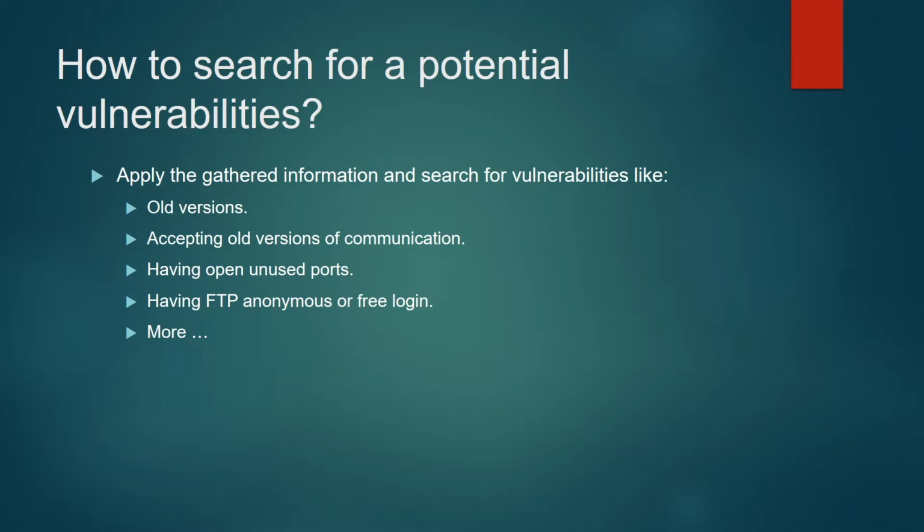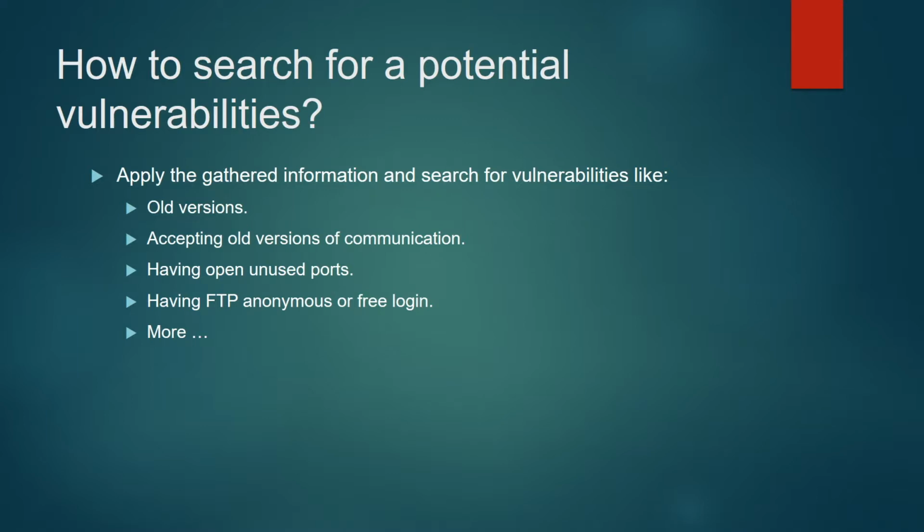And to do that, we need to search for a lot of things. For example, we can search for old versions. We can search for whether there is any encrypted communication. We can search for any unused ports or ports with services which are vulnerable. And therefore, we can search for many more things.